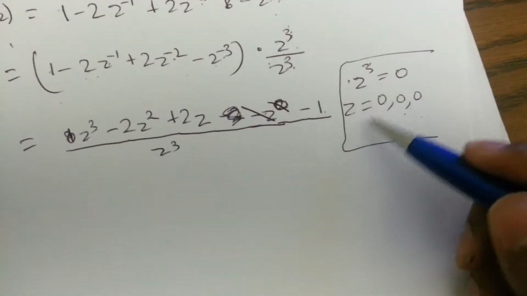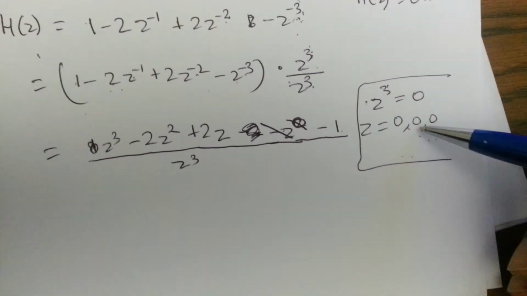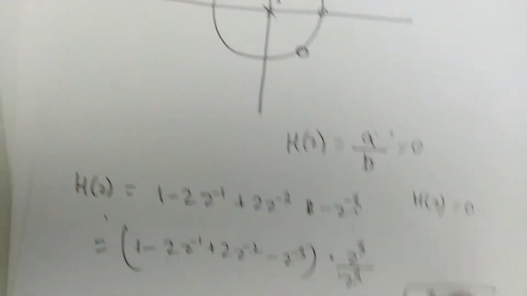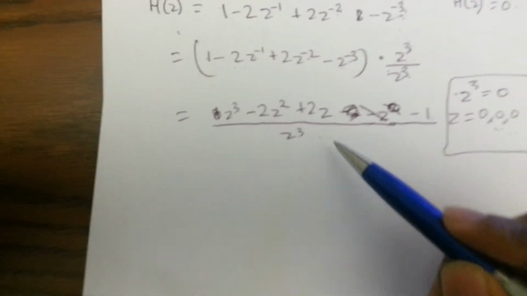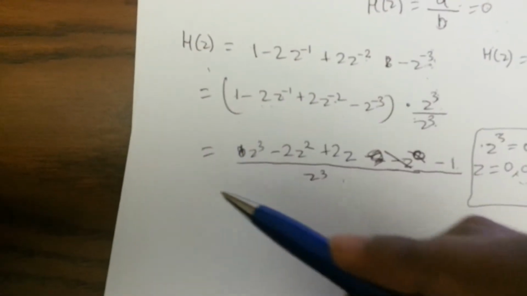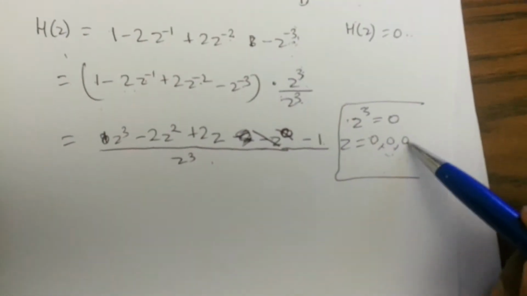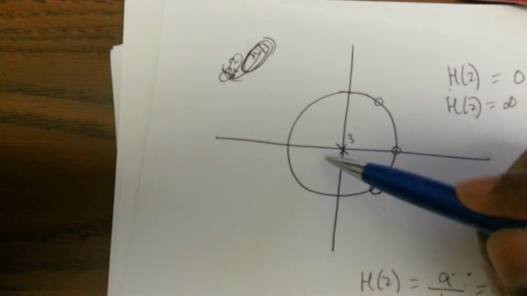All three z's evaluate to 0, and these are the poles. If you remember, we calculated the pole by equating to infinity, and in this case that's the denominator. When the denominator equals 0, the whole function becomes infinity. So these are the pole responses. In this graph, these are the 3 poles, and they're all at 0.